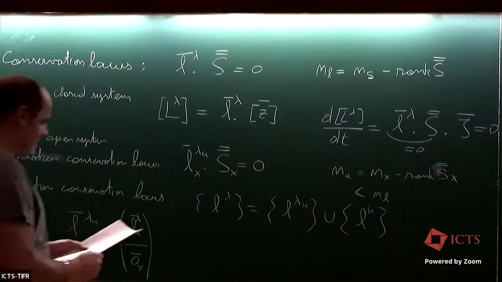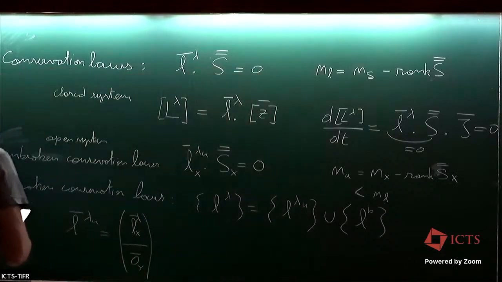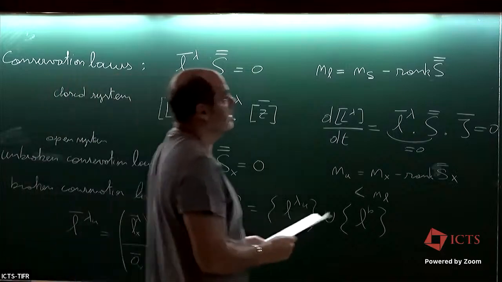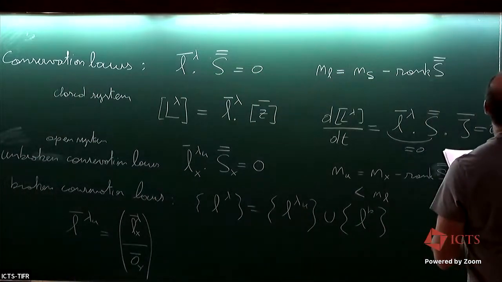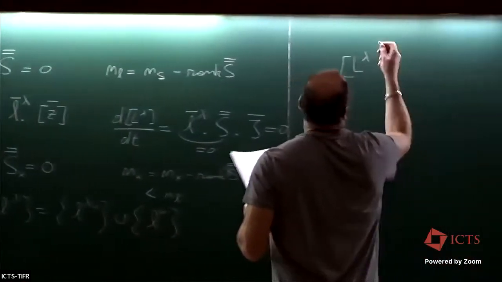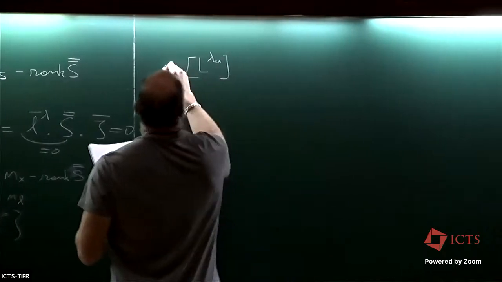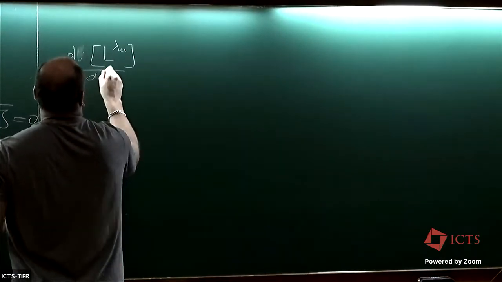Yes, so let's now prove what happens when we look at the dynamic of a broken conservation law. I can first do the unbroken, even though it's kind of obvious. d/dt of this.